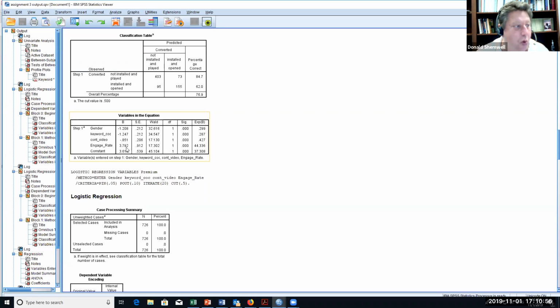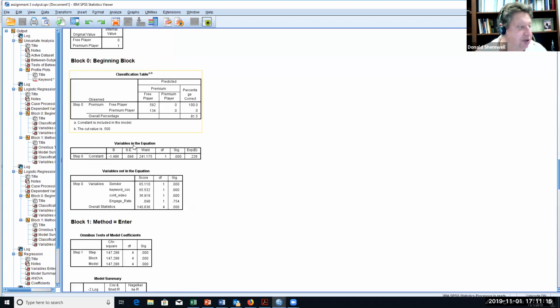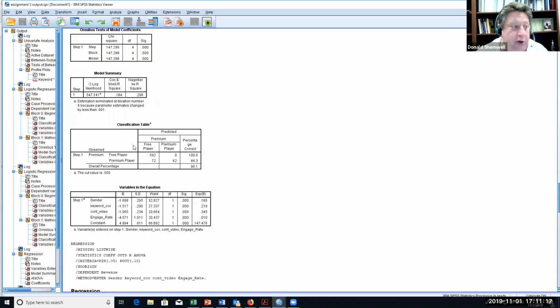So for every 1 unit increase in engagement rate, we get a propensity to convert increase of 3.79. They covary in the same direction. It's a positive relationship, meaning the higher the engagement rate, the higher their propensity to convert. Now, if we go on to the next one where we put premium in as the outcome variable, we get fairly similar results. So the explanation here is similar to the explanation here.